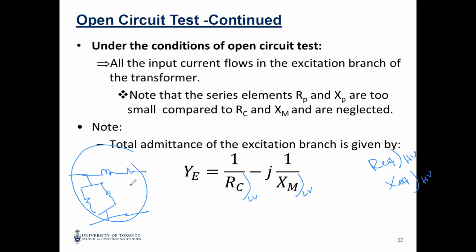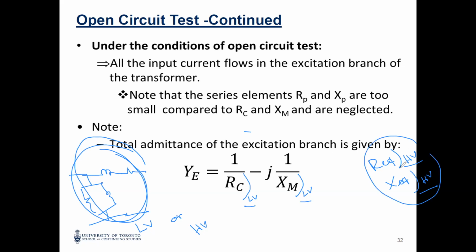To have this circuit, both must be at low voltage or at high voltage. You cannot have 2 of them at low voltage and 2 at high voltage in one circuit. You have to refer either this to the low voltage or the low voltage to the high voltage. This is very important. In the exam, you will see.